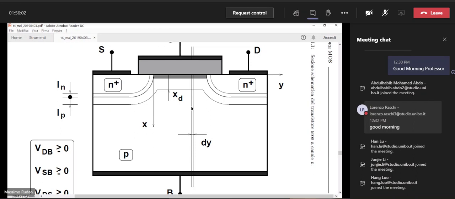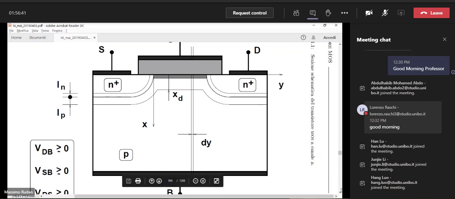As I anticipated earlier, this is an approximation because we have a current that flows laterally across this elementary strip. So we have also a field that is horizontal, and this is not present in the true MOS capacitor. So this is the approximation, okay? But in the strong inversion condition of the interface, this approximation works very well.